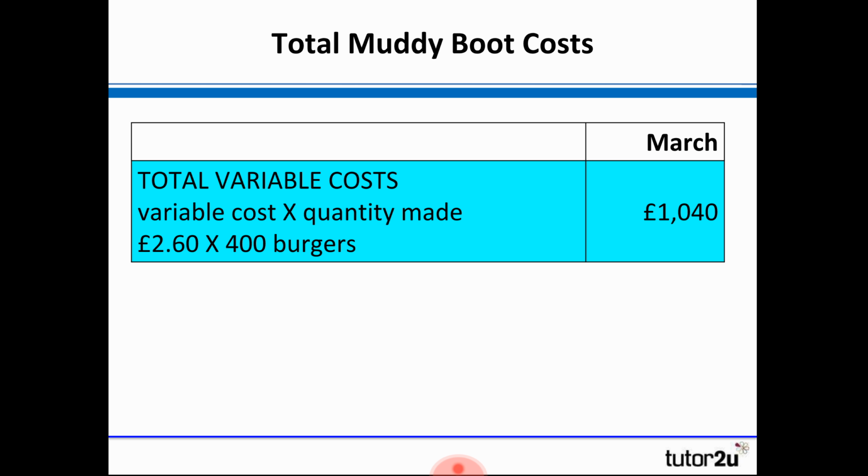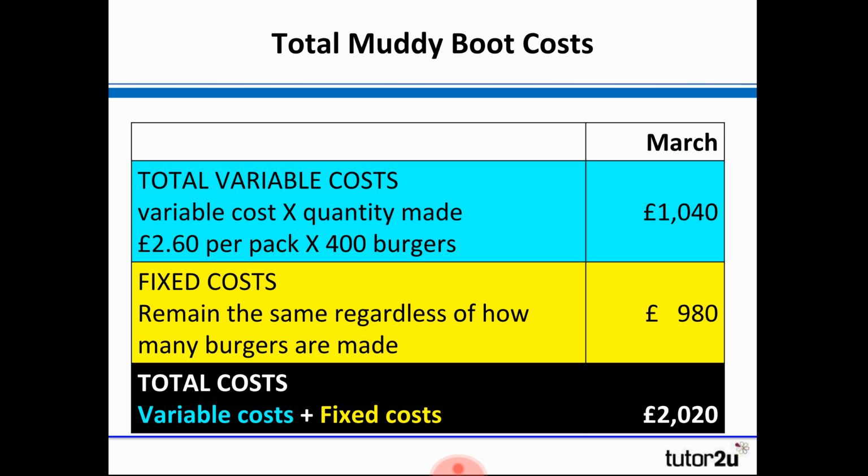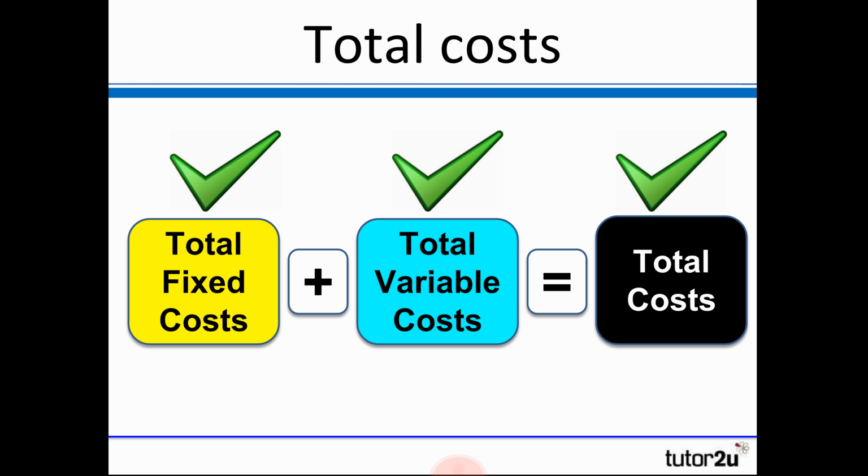So, here were the total variable costs. We've worked out £2.60 per pack times 400 burgers. It's 1,040. We're bringing forward our fixed costs that we calculated a bit earlier, 980. And we're adding them together. That gives us £2,020. Done. Total costs is total fixed costs and total variable costs added together.